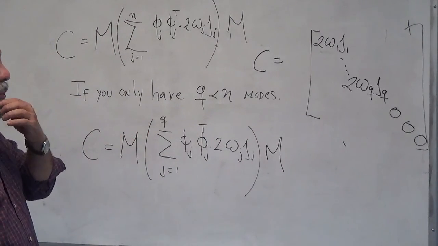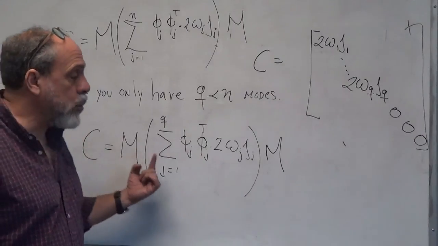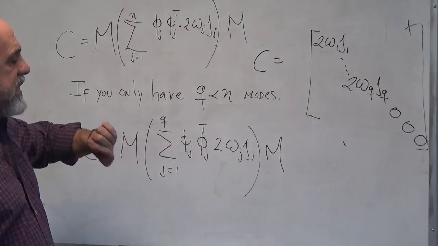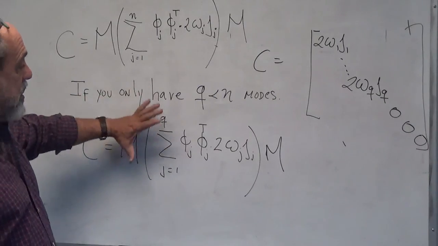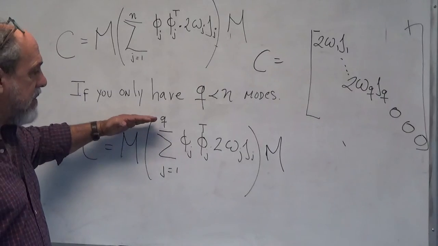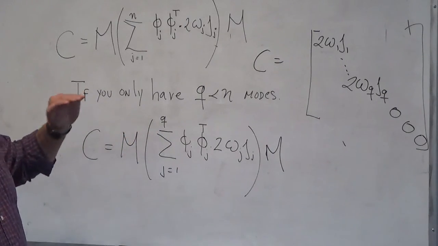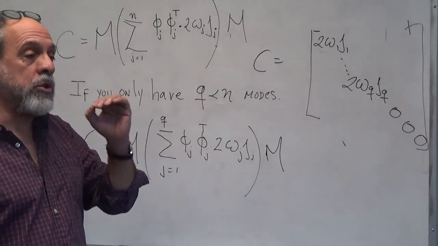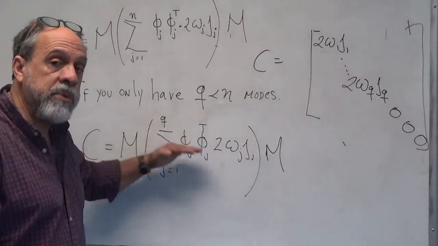So it is important to remember that if you form an explicit damping matrix using this procedure, and you only use the first however many modes, you have actually put 0 damping on the modes that you have not computed.